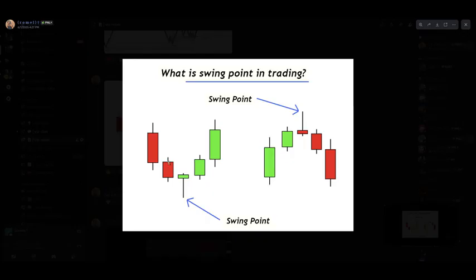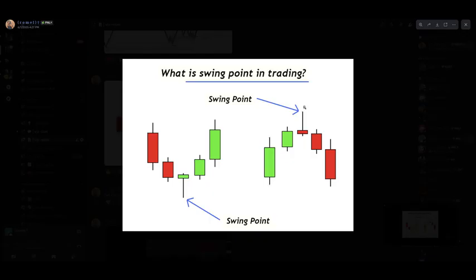But anyway, these are swing points. Any candle where the wick and the low of that candle, at the bottom of the wick, is lower than the previous candle and the one that comes after, that's a swing low.